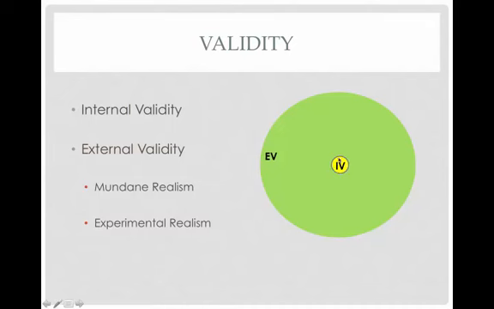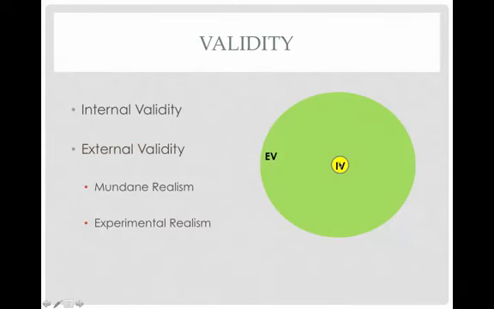However, it might be limited in my ability to generalize that information to men. Or maybe I study African American women. Is it going to be generalizable to other women of other races and ethnicities? If I study older women, say 50 and above, is that going to be relevant or less relevant to younger women?